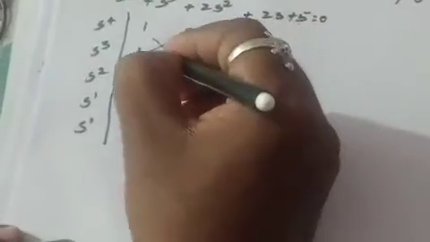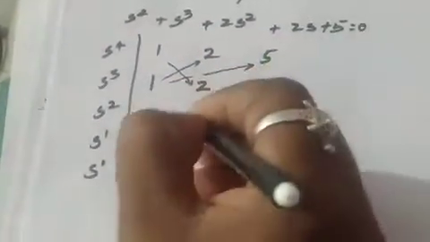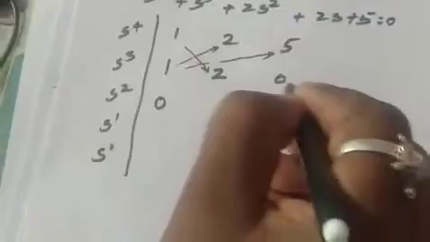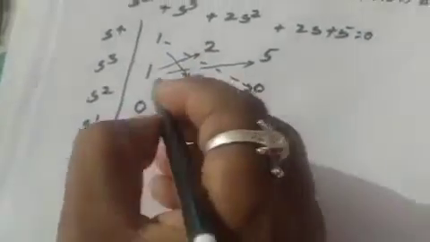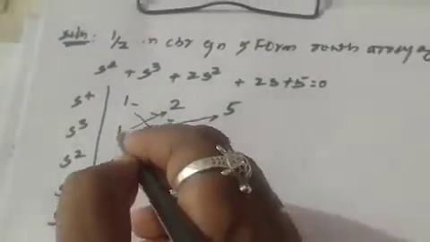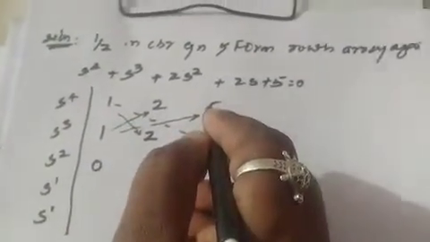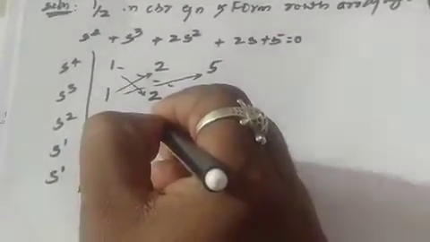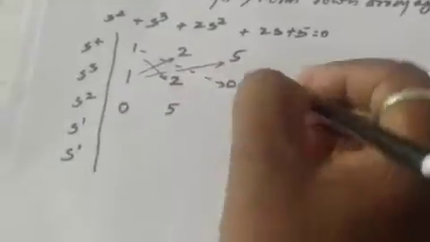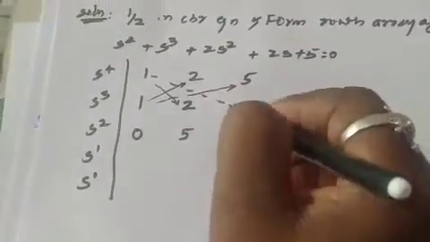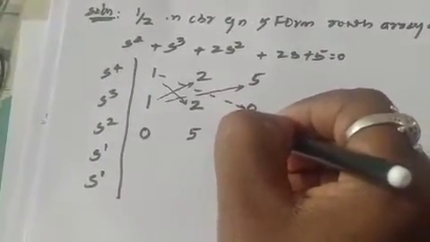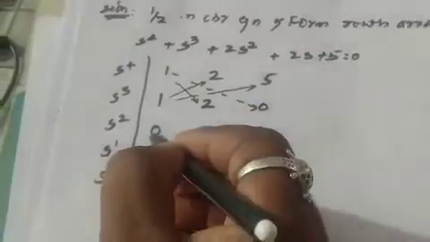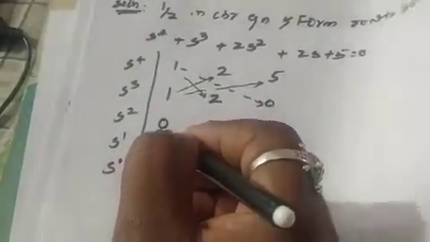Next, the second element is 1 into 5 minus 1 into 0, divided by 1, which is 5. For the next column there is no coefficient, so you put 0. So here you are getting the first special case of the Routh array.